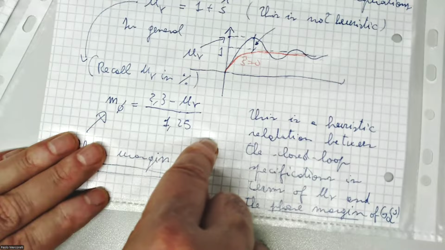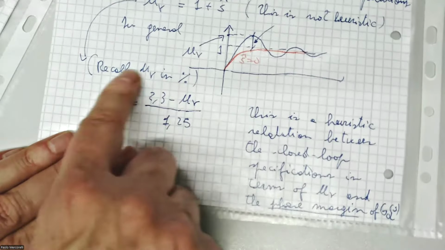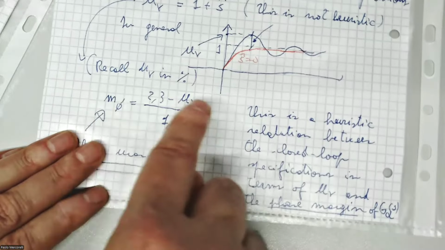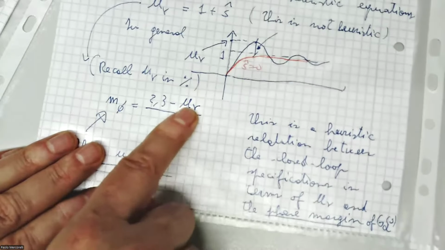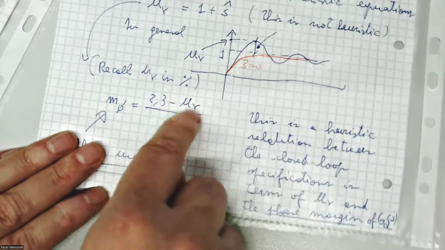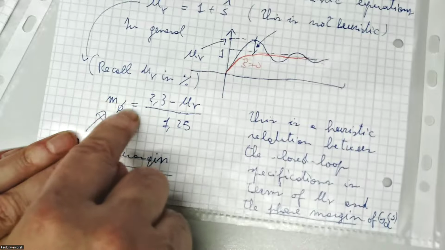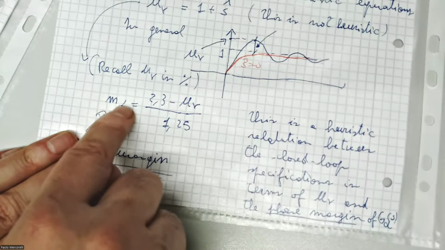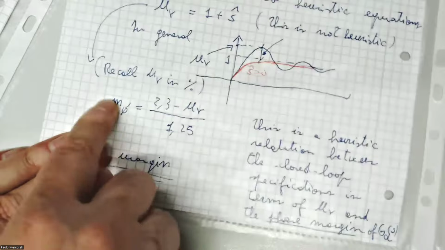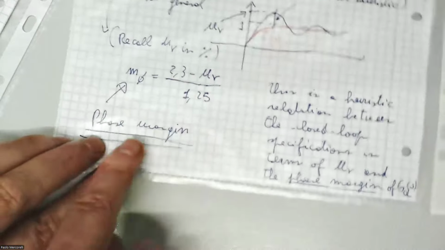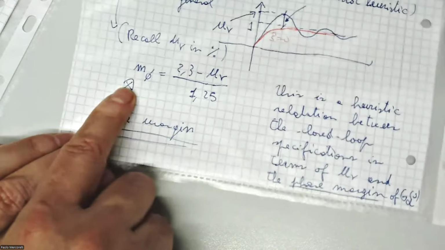Basically, the complex thing is that this is a relation between an answer in time, MR in time, and something which belongs to the analysis in frequency, the phase margin. This is the phase margin. It's something which belongs to the frequency.